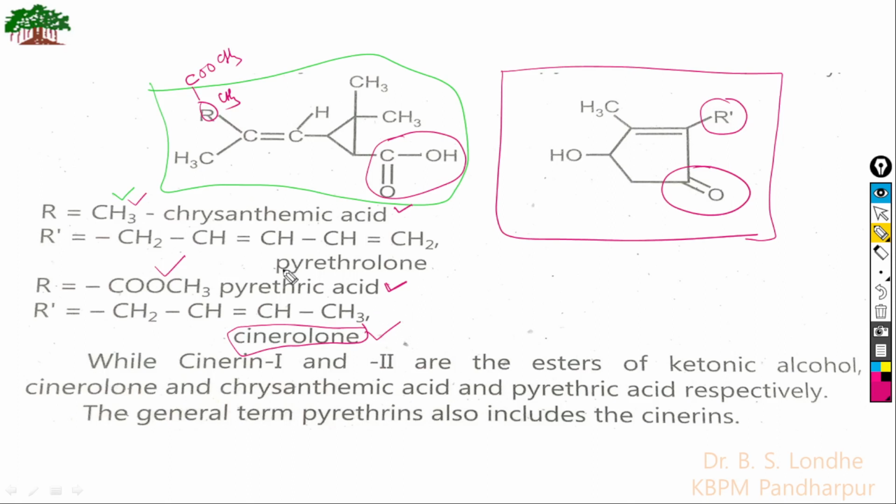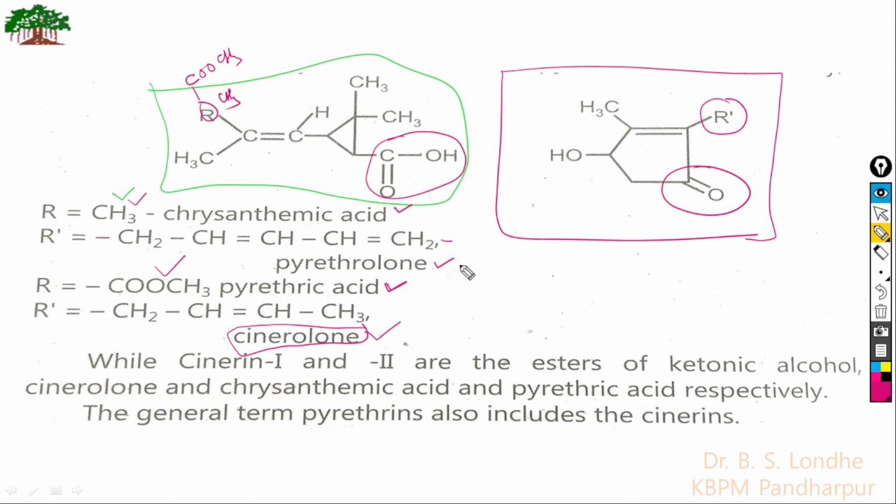And when this R dash is replaced by the pentadienyl group, 1, 2, 3, 4, 5, pentadienyl, then it is known as pyrethrolone. So these are the nomenclature by replacement of the respective groups.